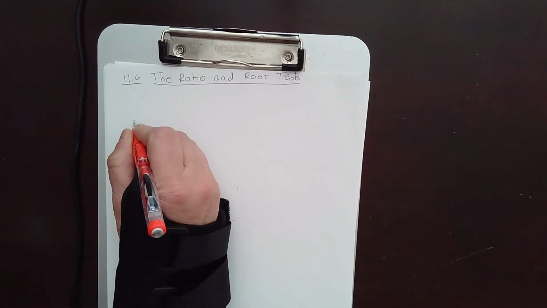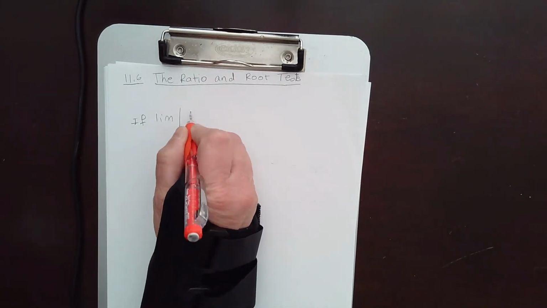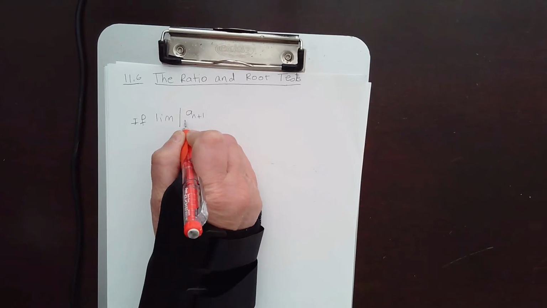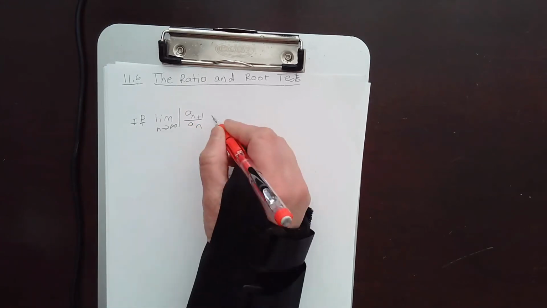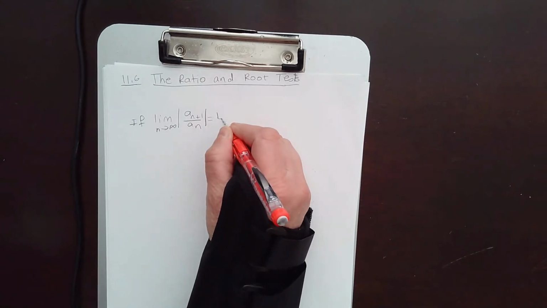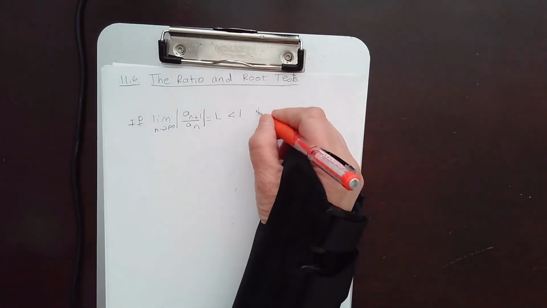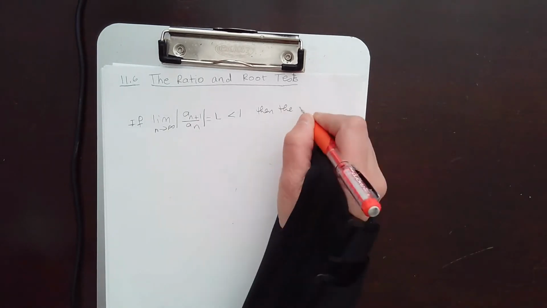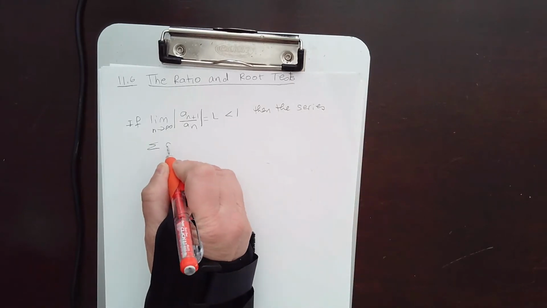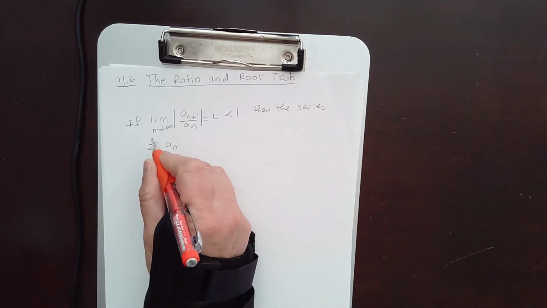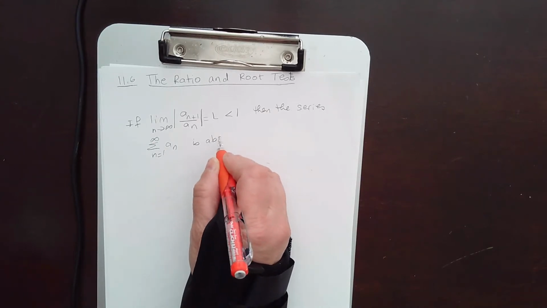So if you have the limit, let's just say, of a_(n+1) over a_n as n approaches infinity equal to a number L which is less than 1, then the series sum from n equal 1 to infinity is absolutely convergent.